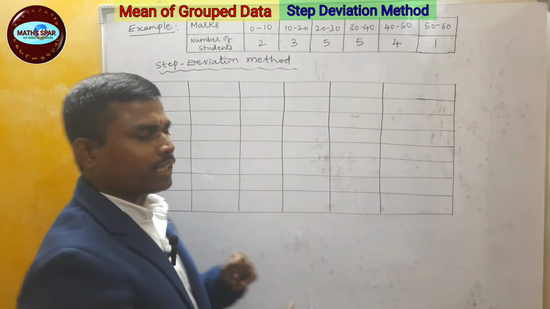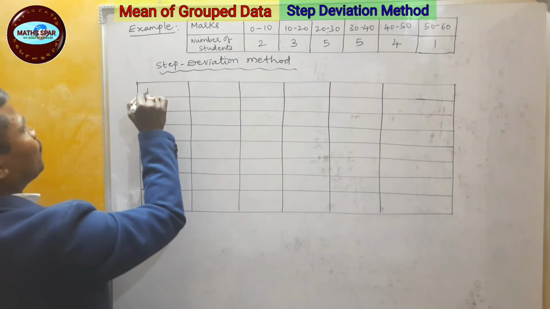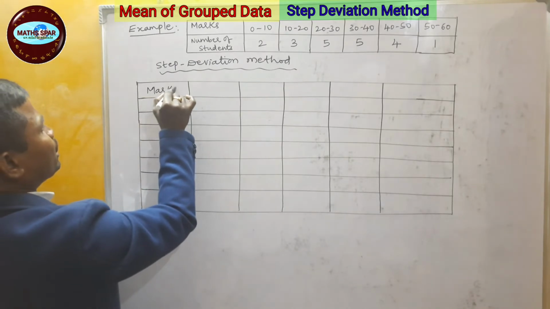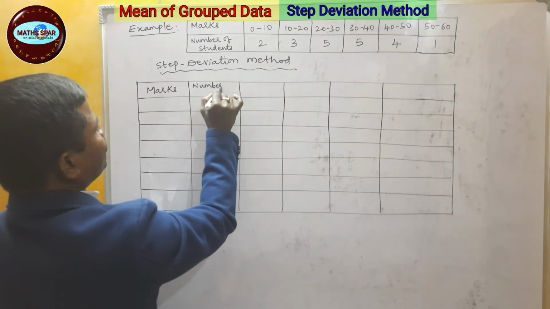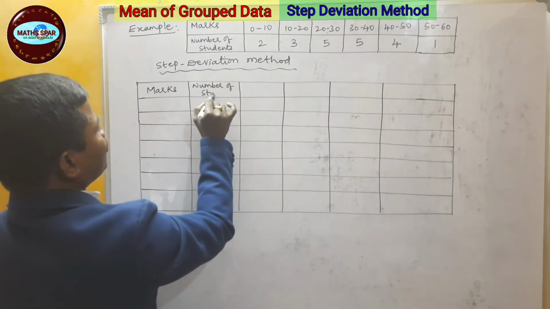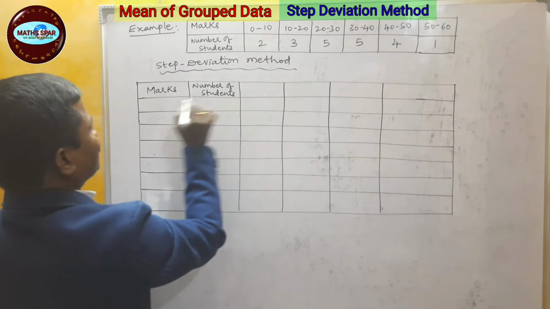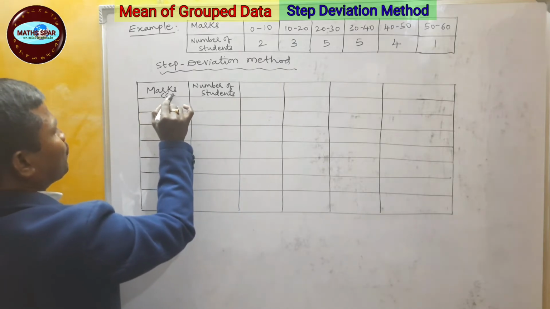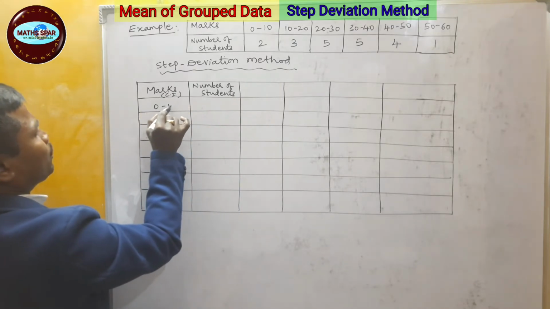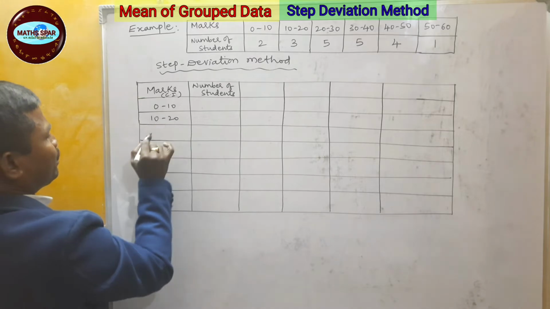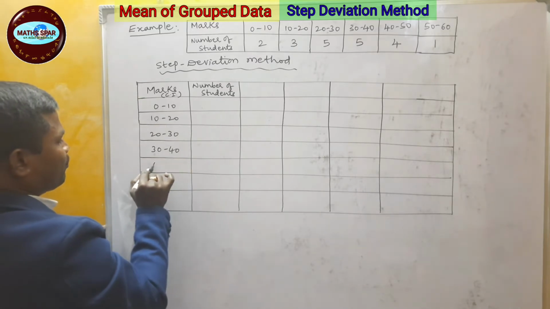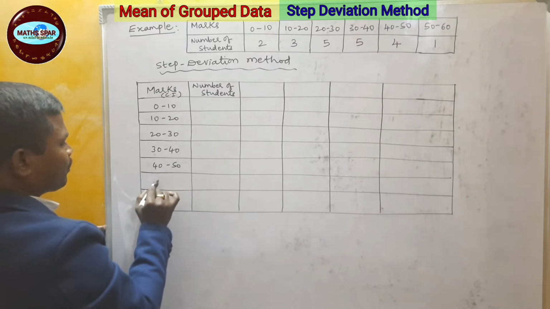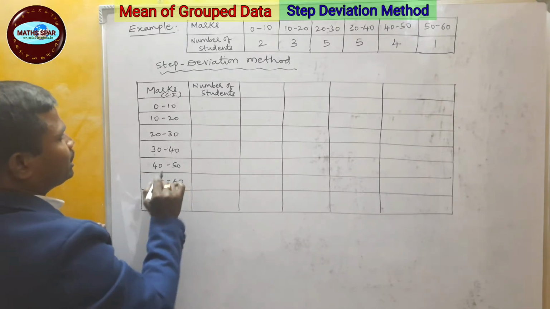After preparing a table like this, let us write what information is given to us in the frequency distribution, that is marks in class intervals: 0 to 10, 10 to 20, 20 to 30, 30 to 40, 40 to 50, 50 to 60.